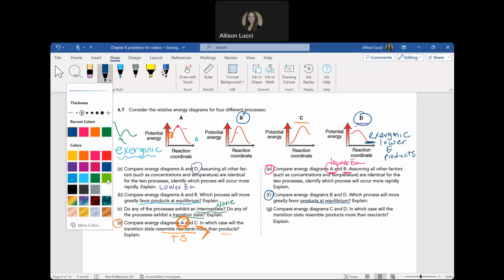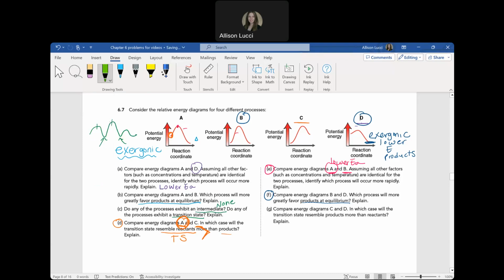All right, and then our last question here asks us to compare diagrams C and D. So let's go back, let's look at C and D for example G. And in which case will the transition state resemble products more than reactants? So again, we want to know products that are closer in energy to the transition state.